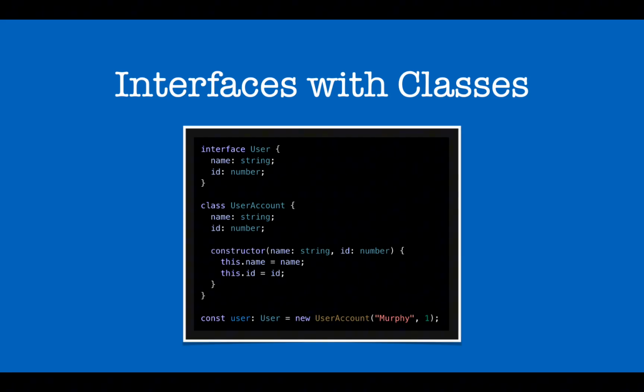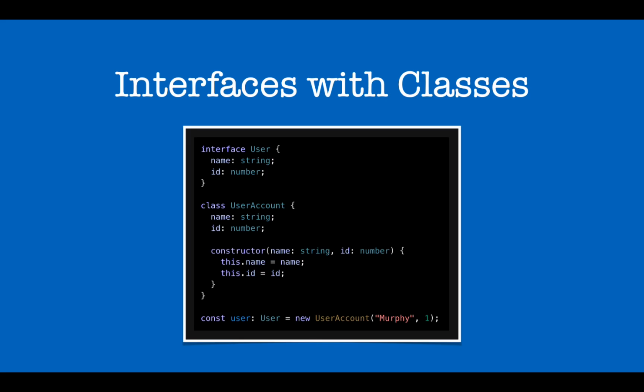So, interfaces with classes. We have the user interface defined there. It's going to have a name property that's a string and an ID property that's a number. And then we have a class called UserAccount with name and ID and a constructor function, right? The constructor function is invoked to create objects utilizing that class using the new keyword.